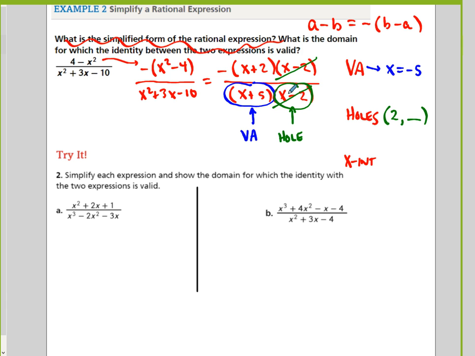And we can't divide by 0, so there's going to be a discontinuity there, a missing point on the graph. The y-coordinate comes from taking the leftover part of the function that did not cancel out and finding out what the output would be if you put 2 in place of x.